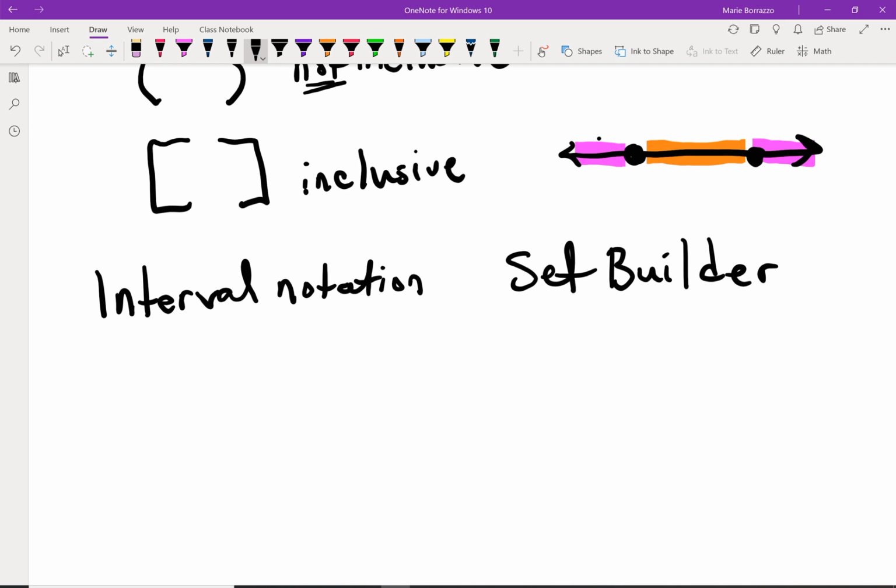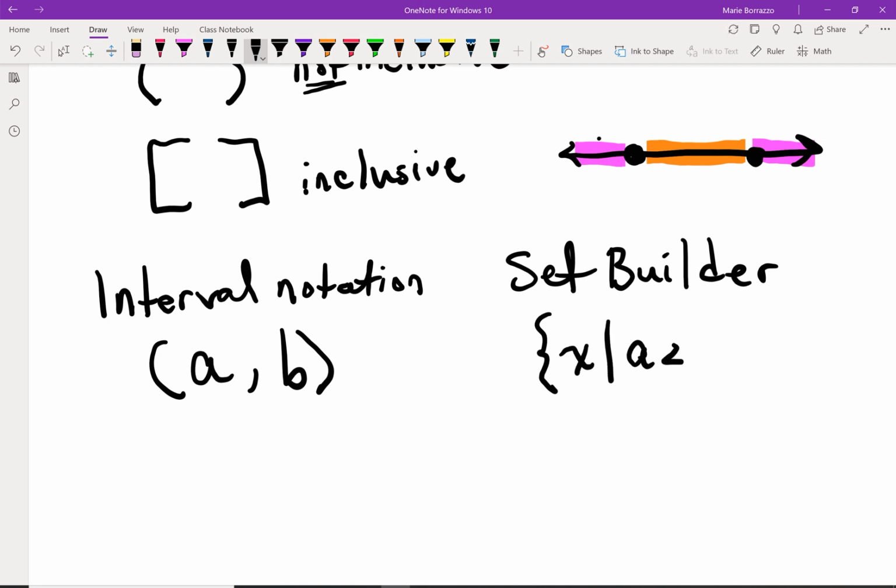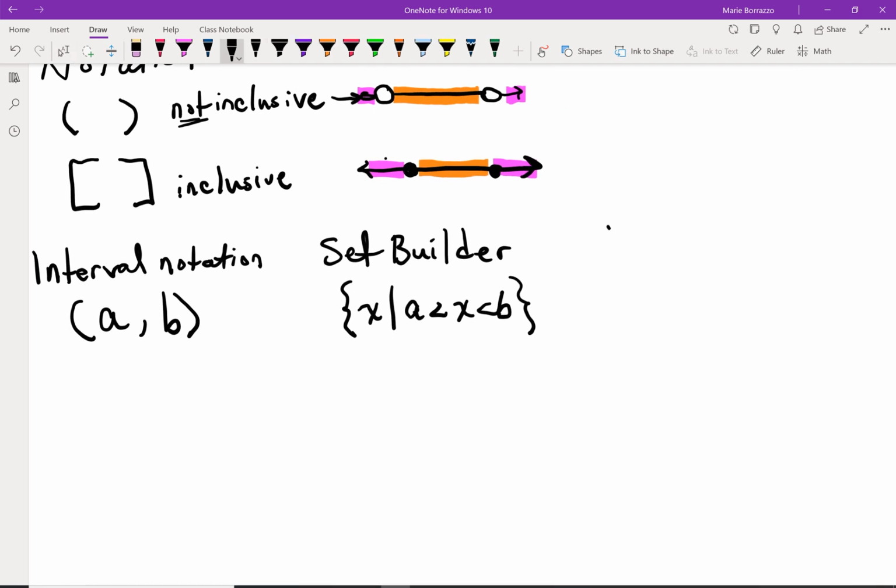If I give you an interval notation that has parentheses with a comma b, in set builder notation we say x is a value in the set where a is less than x but less than b, not inclusive. As far as the graph, this is how the book has it, so you can see the graph right next to it.